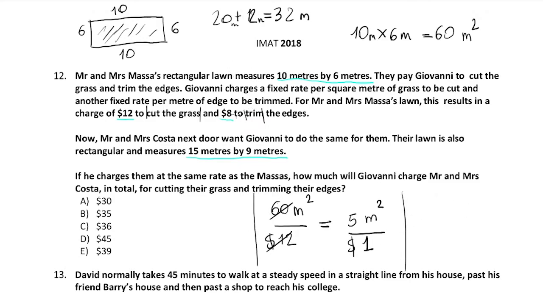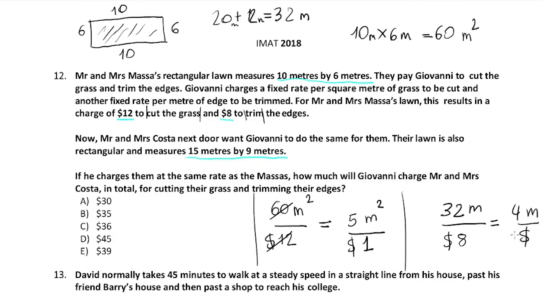Let's go and calculate how much it takes to trim the edges. So in this case we have to divide 32 meters by $8, and we will get 4 meters per dollar.